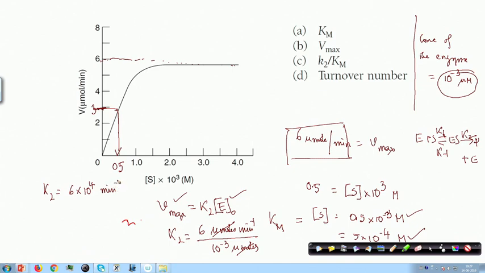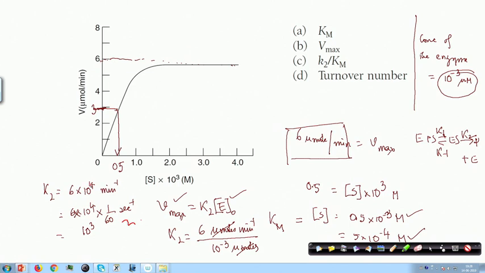Okay. If you convert it into second inverse, then you will get 6 into 10 to the power 4 into, minute inverse means 1 by 60. So, that will be second inverse, and if you calculate, that will come as 10 to the power 3. Let me see, there is something wrong here.